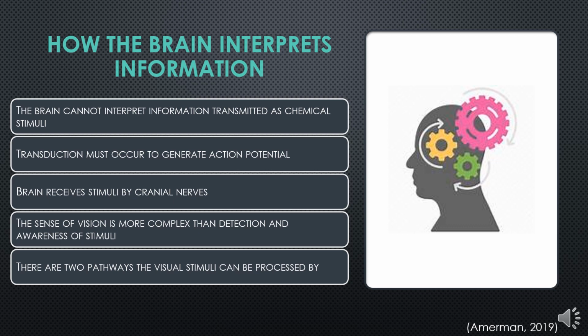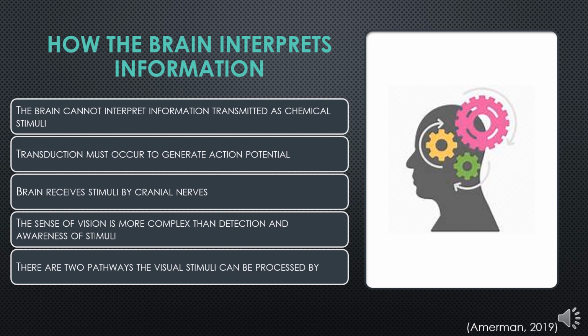For example, Ammerman asserts that the act of seeing involves much more than simple detection and conscious awareness of visual stimuli, and that the areas of the brain involved in processing visual information are extensive. While the axons project to the lateral geniculate nucleus and primary visual cortex, the image that would be created is distorted.